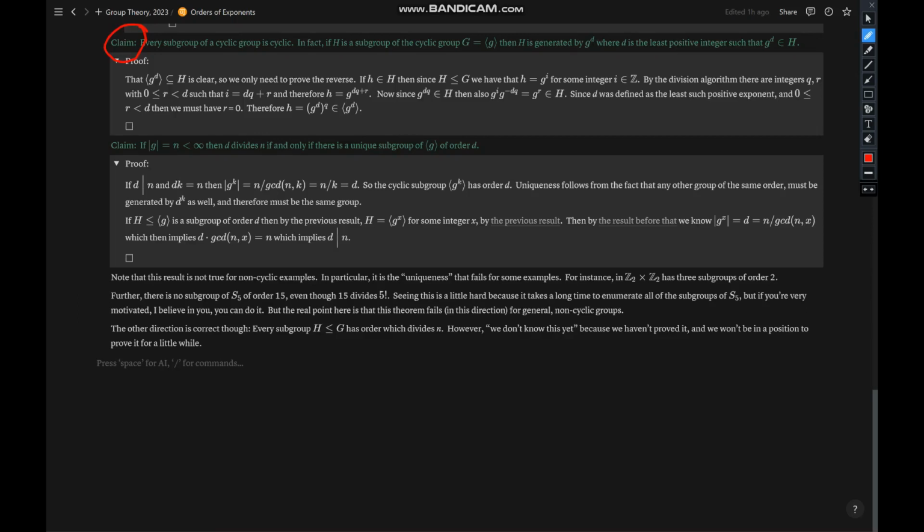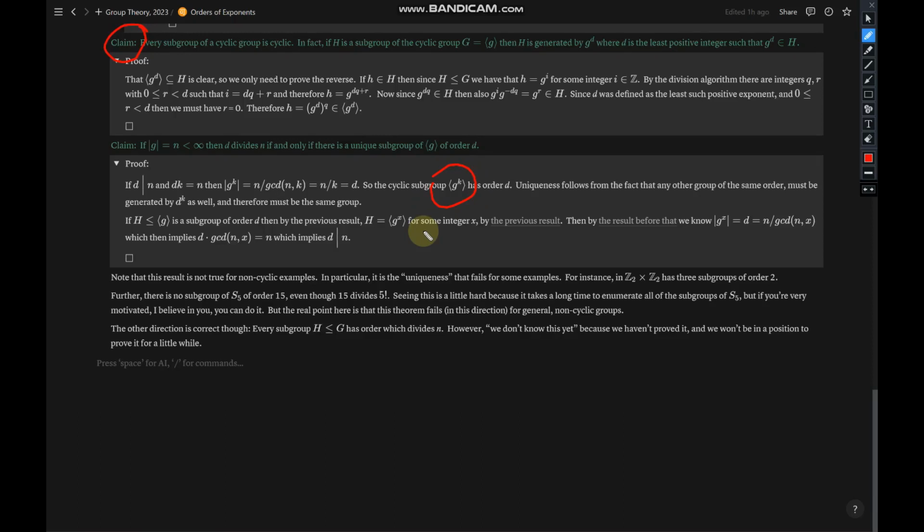Now, to establish uniqueness, we can refer to the previous two results. I'm not going to do all the details. It would be a good exercise for the viewer to fill in the details, but here's the rough, quick version. Take any other subgroup which has the same order as the subgroup we've already found, the one generated by g to the k. This other subgroup must be cyclic, because all of this is taking place inside a cyclic group, and any subgroup of a cyclic group is cyclic.